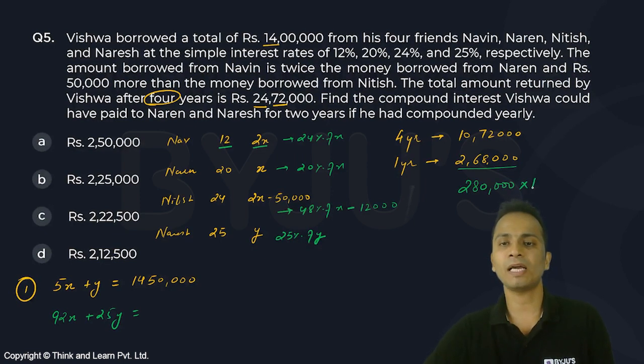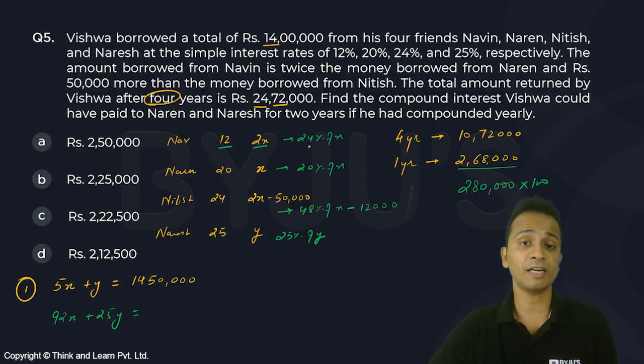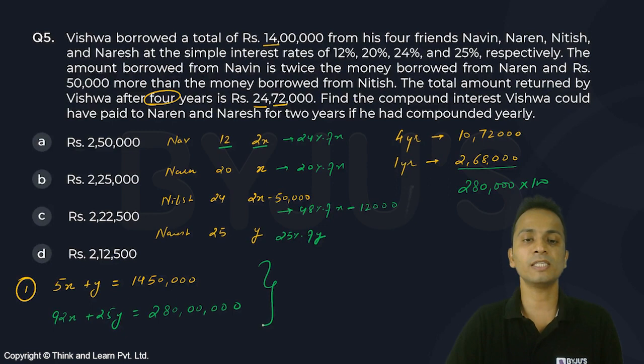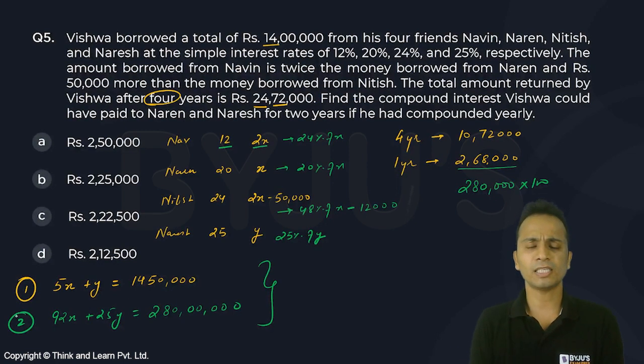Then multiplied by 100 because of the division by 100 on the left hand side, it will be 280,000,000. So this is the second equation that we have got. Now you have two equations, and you can solve them for X and Y, which can be done very easily.